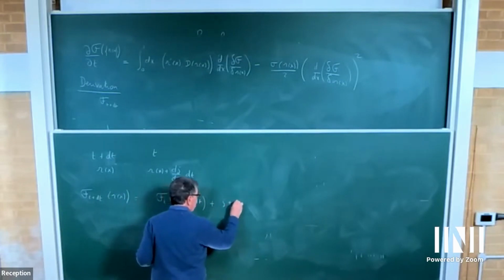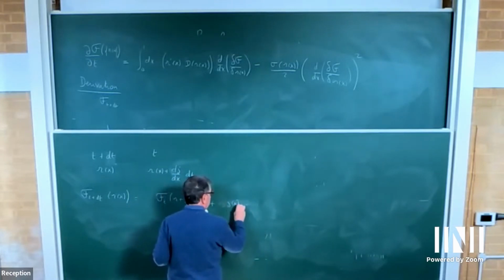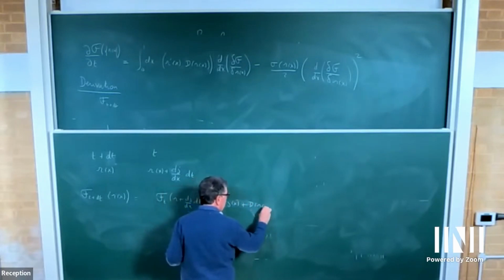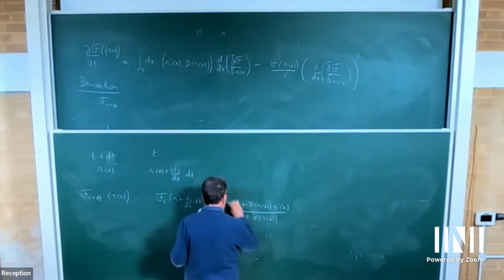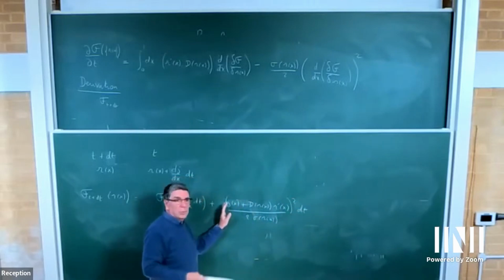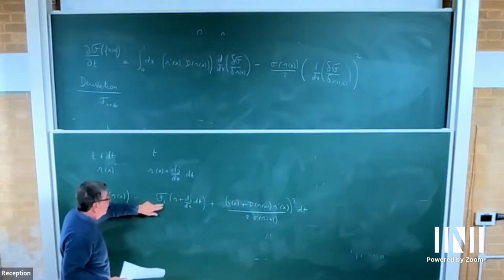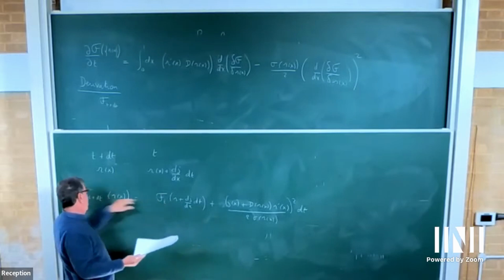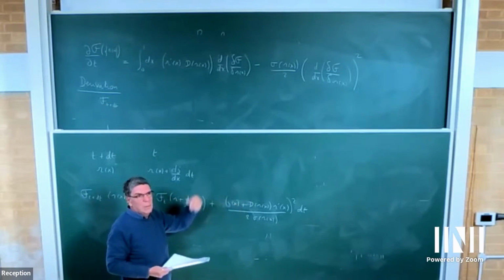A is the integral of the squared quantity, d of R of x plus G of x, over d sigma of R of x. This is the extra part of the integral: one part brings me to time t, and an extra part brings me from time t to t plus dt.